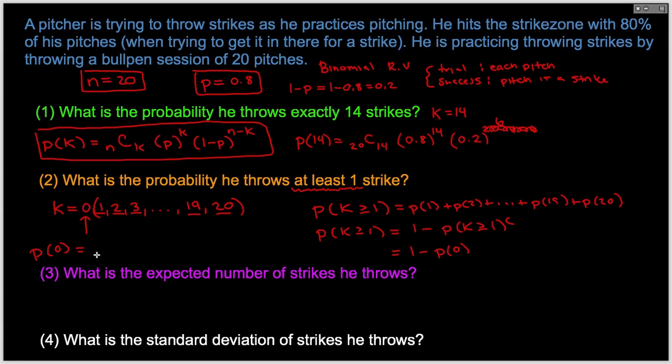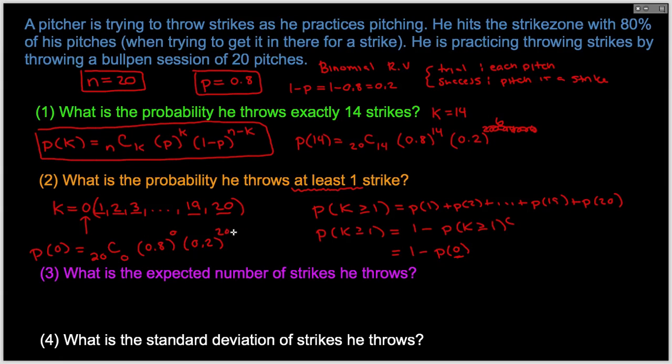is n, which is 20, choose k, which is in this case 0, times the probability 0.8 of a success raised to the number of successes, and here k is 0, so it's just 0, times 0.2 raised to the what? 20 failures. And how do I get that? N minus k.